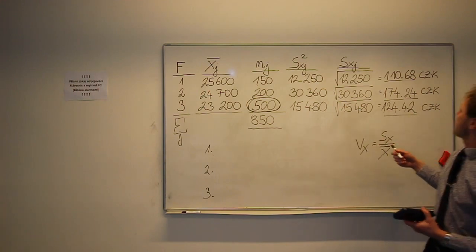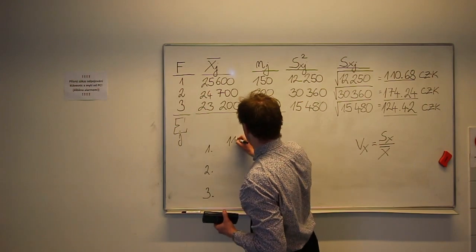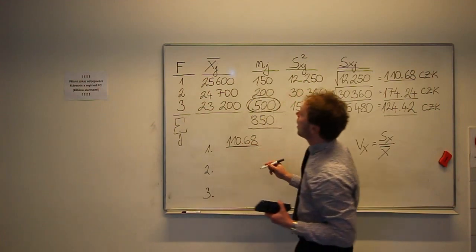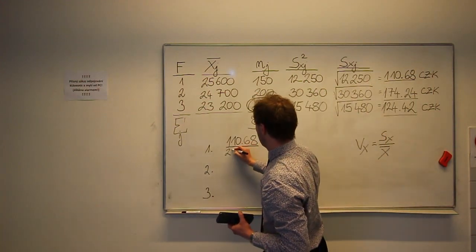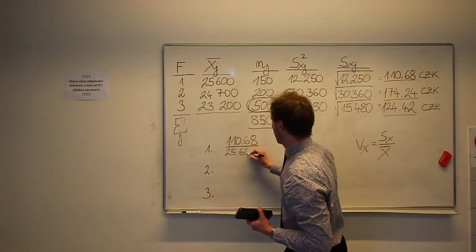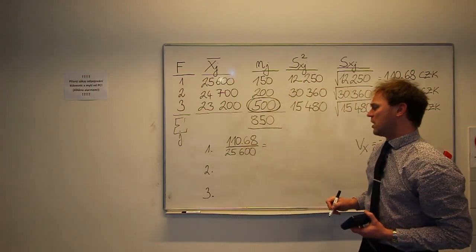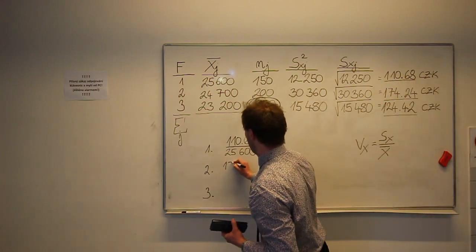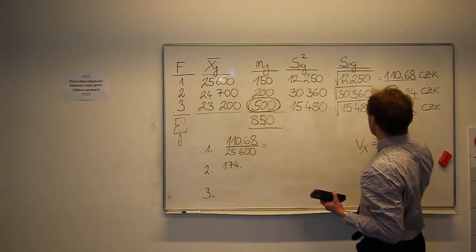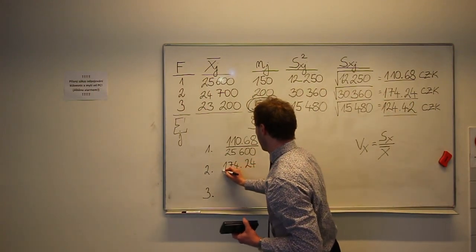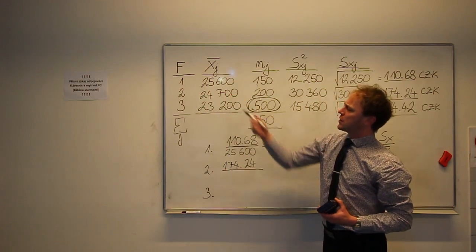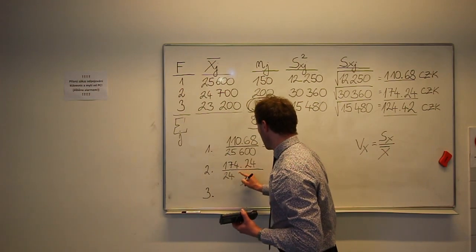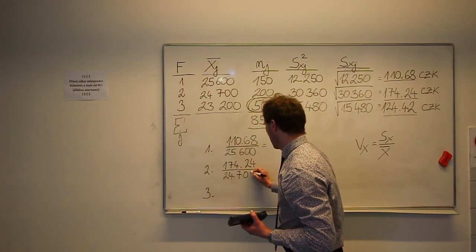For the first firm, 110.68 divided by the first mean, 25,600, is the first coefficient of variation. Then 174.24 divided by the second mean, 24,700.